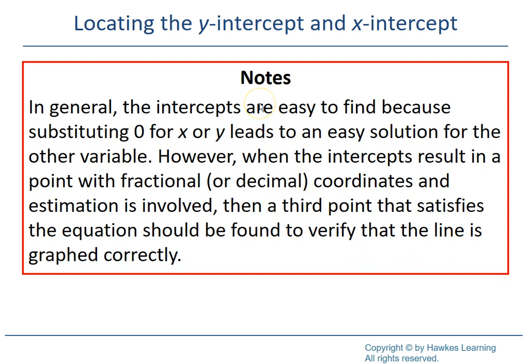Now, they're mentioning this, that generally one of the easy points to plot is your X and Y intercepts using this technique we just had. But sometimes it's necessary to get a third point because your X and Y intercept, one of them might be a decimal fraction, and that would be hard to plot.